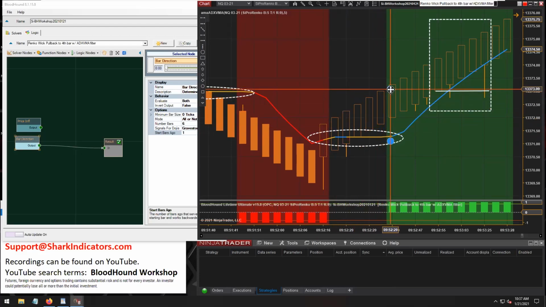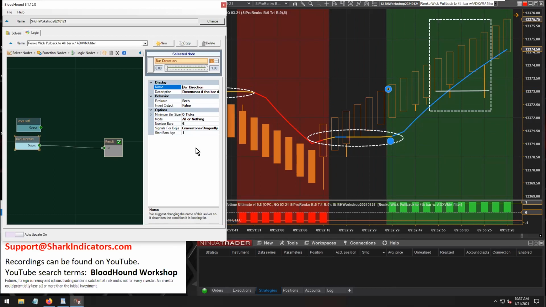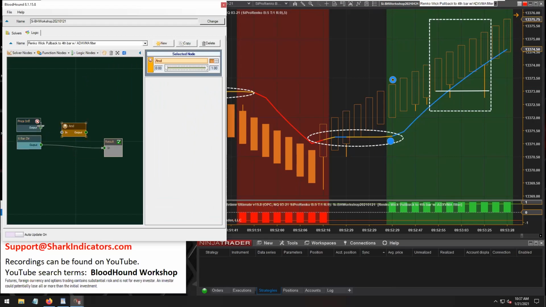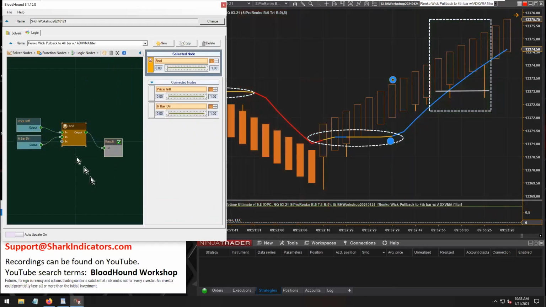All right, and let's also update the name here. So this is a 6 bars direction solver. And the next thing we can do is grab an AND node and connect both of these together like so.